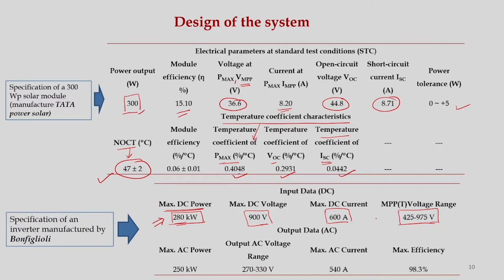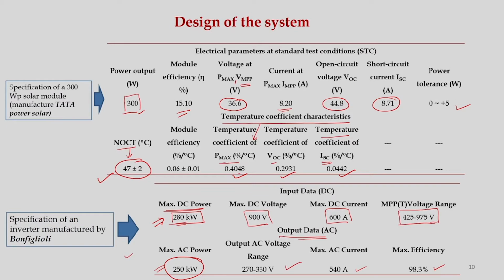These informations are required while designing or matching this PV array and inverter. Output values are also required: maximum AC power is 250 for this configuration, voltage is 270 to 300 volt, AC current is 540 ampere, and maximum efficiency is 98.3%.